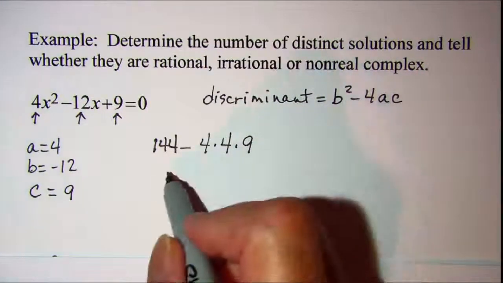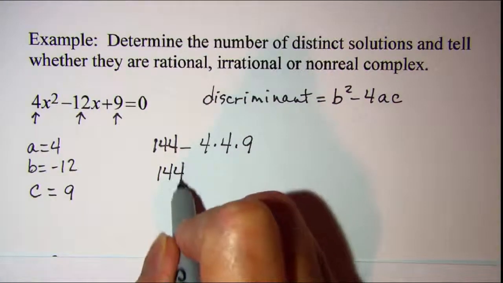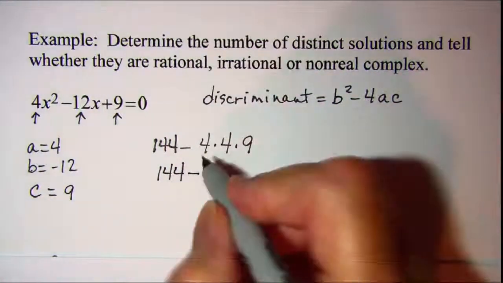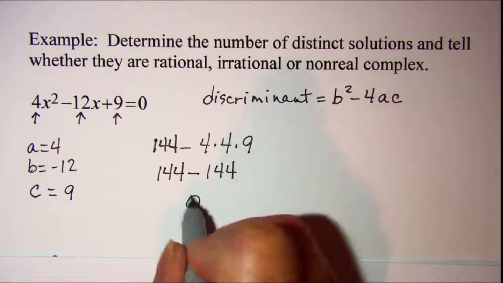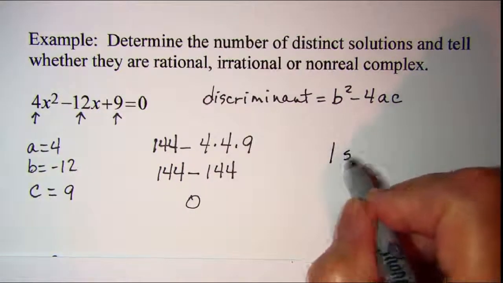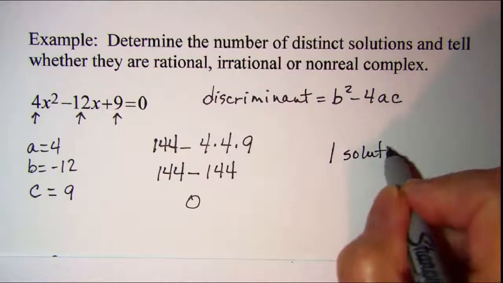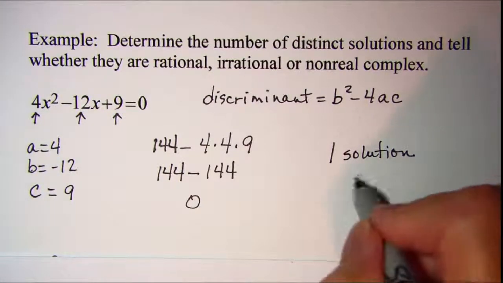So our discriminant then is 144 minus 144, which is 0. So because the value under the radical is 0, that means we only have one solution, and it will be rational.